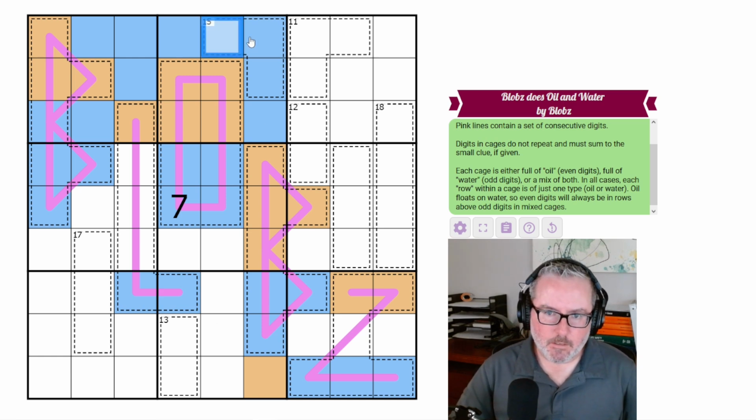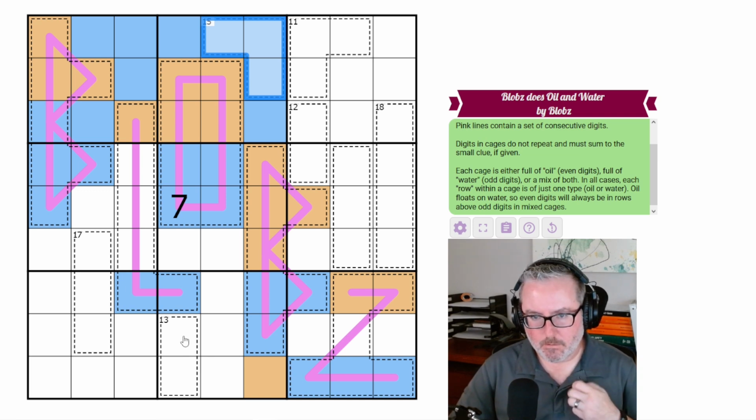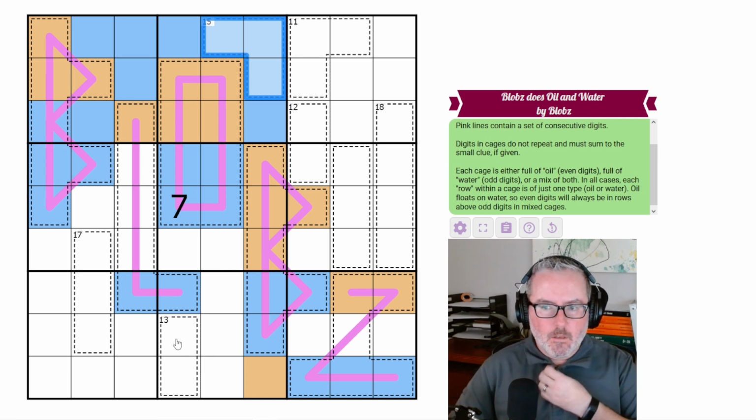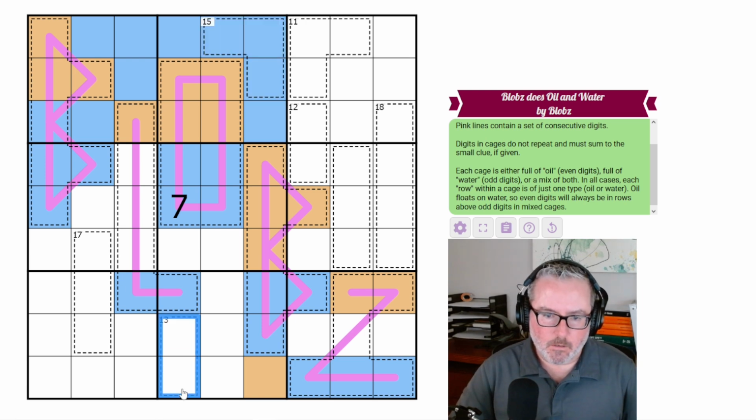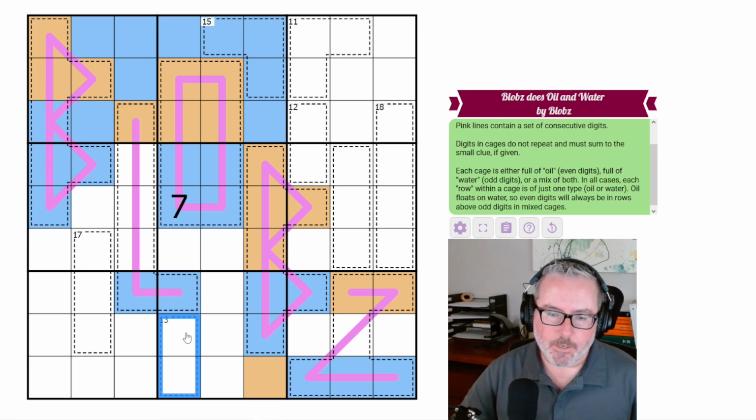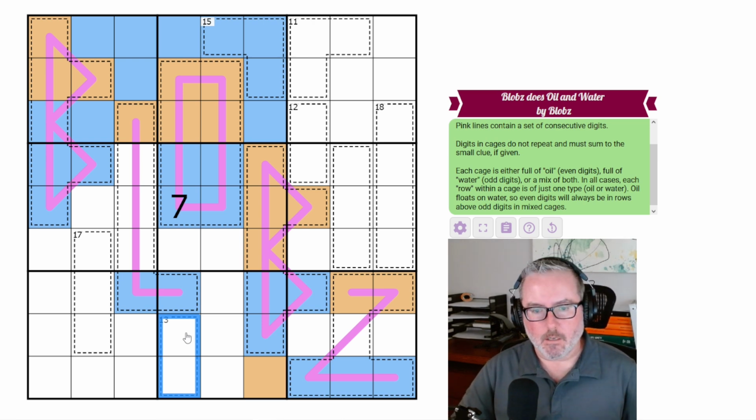Now, I did start looking at math to try to determine some of these cages if we could do something. It's probably going to have to get into that in a little bit, because we're going to know, like this 13, let's say, it has to be 1 odd and 1 even digit. There's no way that we can have 2 evens to equal an odd and 2 odds to equal an odd.